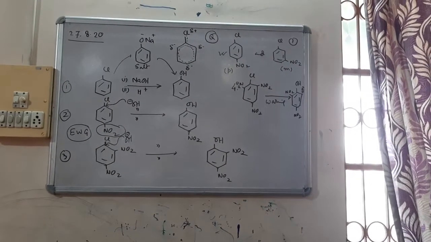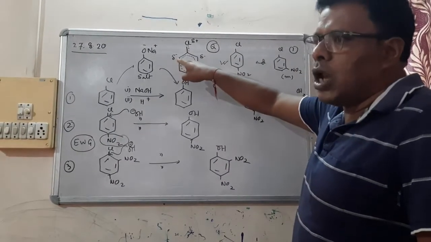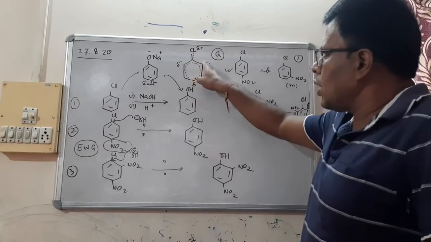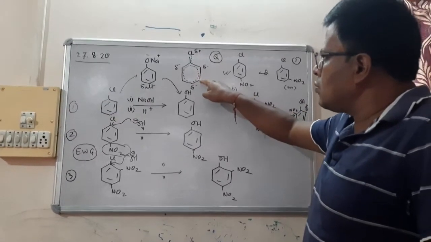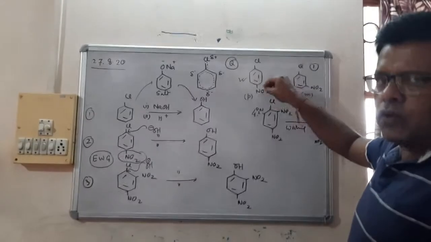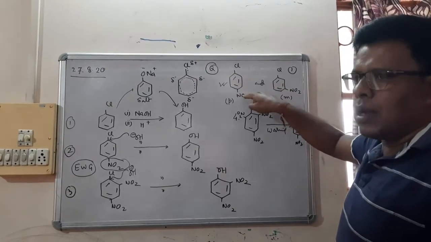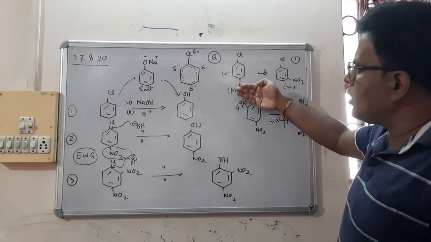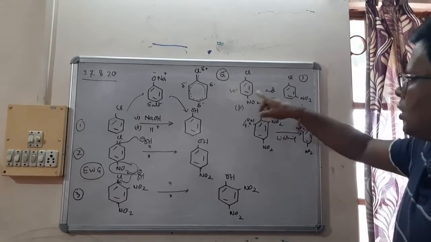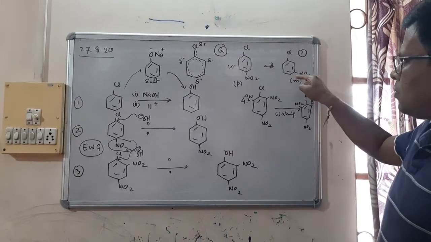It is because in the resonance hybrid there is more electron density at ortho and para. At ortho and para there is more electron density, not at the meta position. This we have to know. So if there is an electron withdrawing group at ortho and para position, the electron density decrease will effectively take place more. Then in case of meta, the decrease will not be so effective.